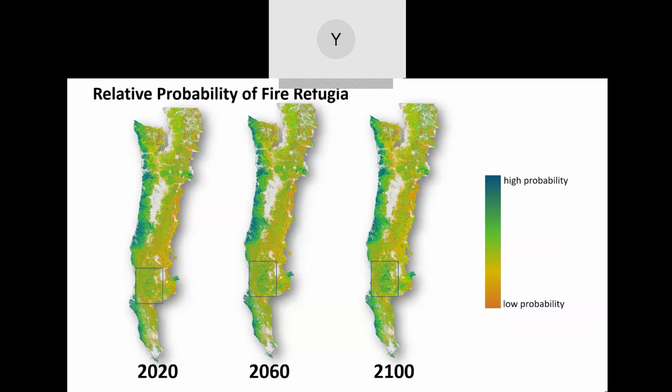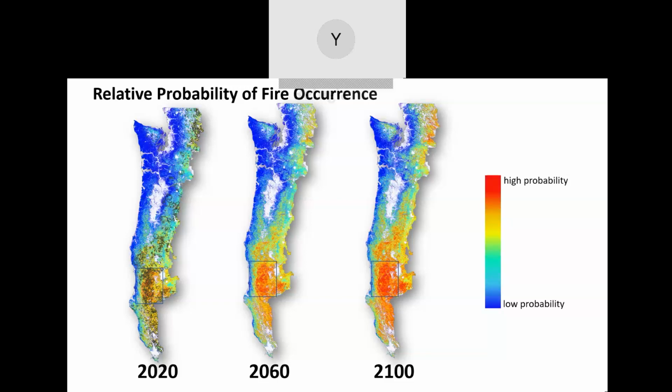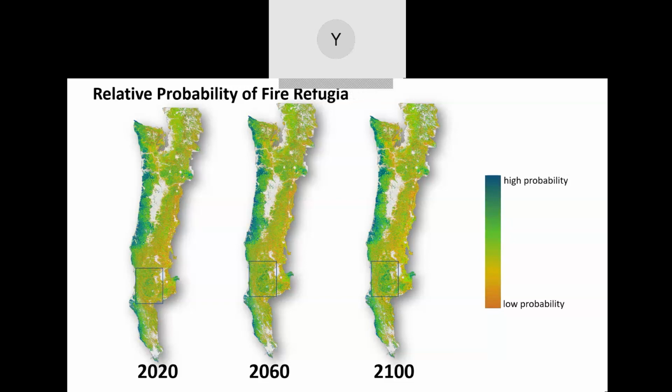So this is the result that shows the map. This is the map of the first slide. I want to draw your attention to the black box. If you remember from an earlier slide, that's the area that was red in the relative fire probability surface. They tend to have burned more often and they're frequently burned.